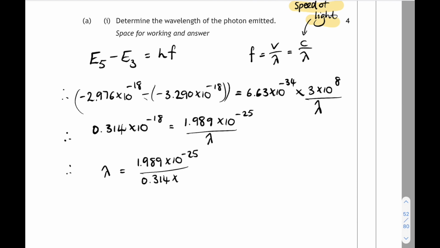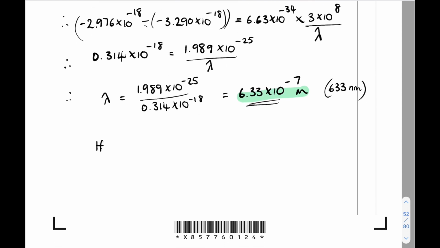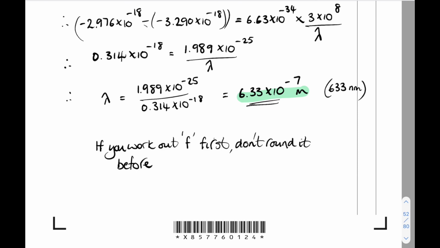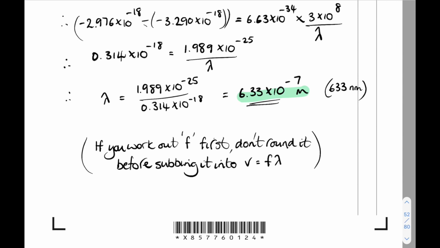Rearranging for lambda and doing that on your calculator gives you an answer of 6.33 times 10 to the minus 7 meters. And that's 633 nanometers. Now, of course, you could have done it in 2 steps. You could have worked out the frequency first. But if you do that, don't round it. Leave it in your calculator before substituting it into v equals f times lambda.